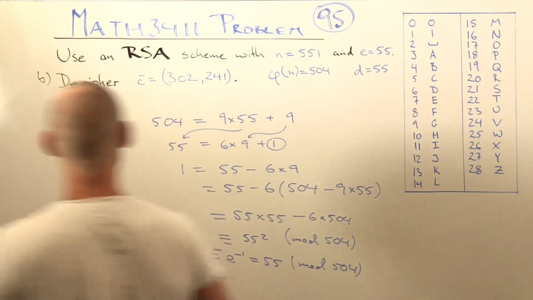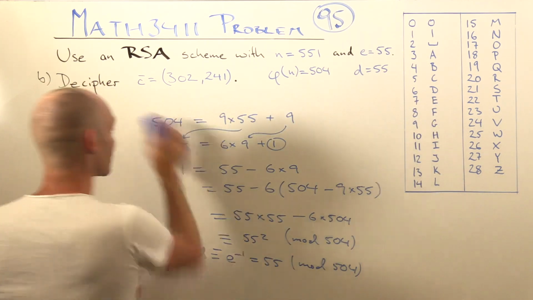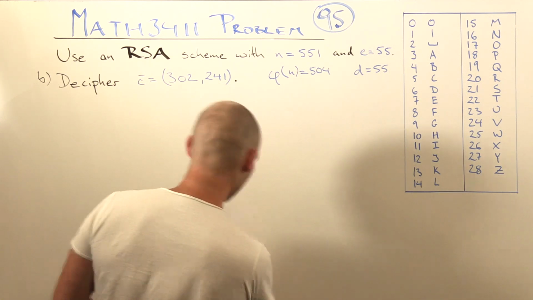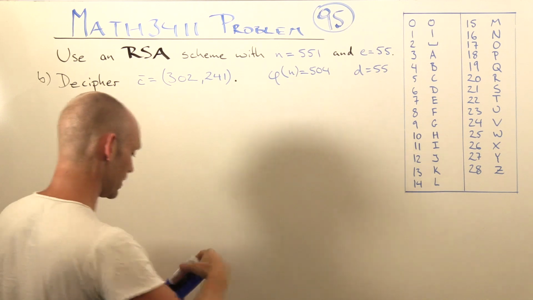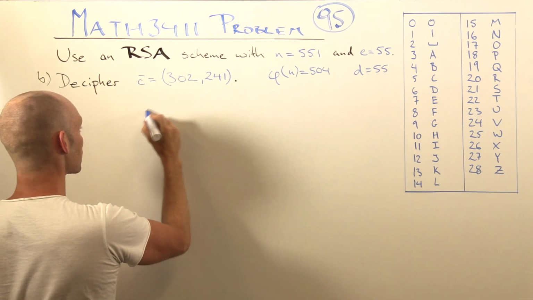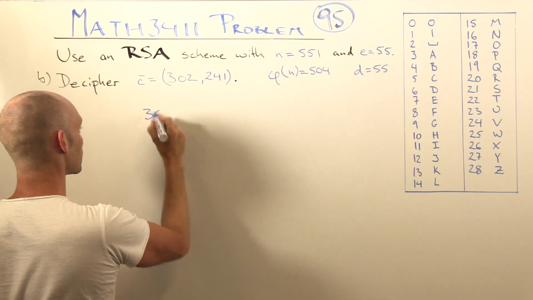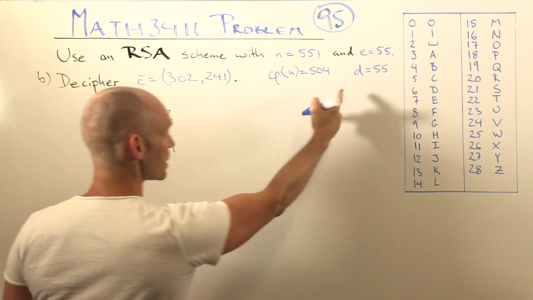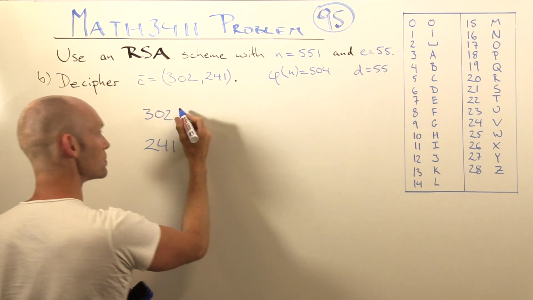Okay, so let's decipher this ciphertext. Again, just like in part A, we have to take some numbers, in this case 302 and 241, and we have to raise them now to the power of D to decrypt them.